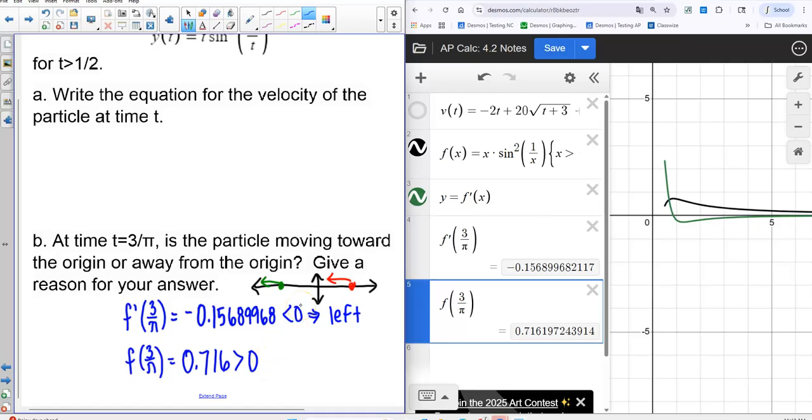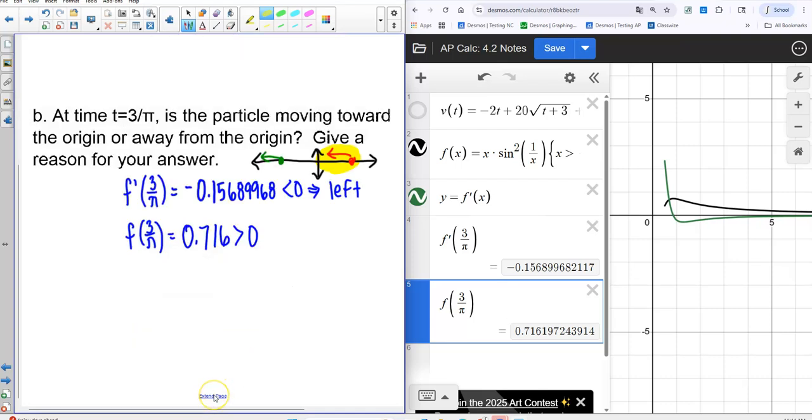So the scenario that we're looking at here is this one right here, the one I've got in red, because our position is positive, which means we're starting off to the right of the origin, and our velocity is negative, which means that we're moving towards the left. So we're looking at this scenario right here, where our particle is moving towards the origin.